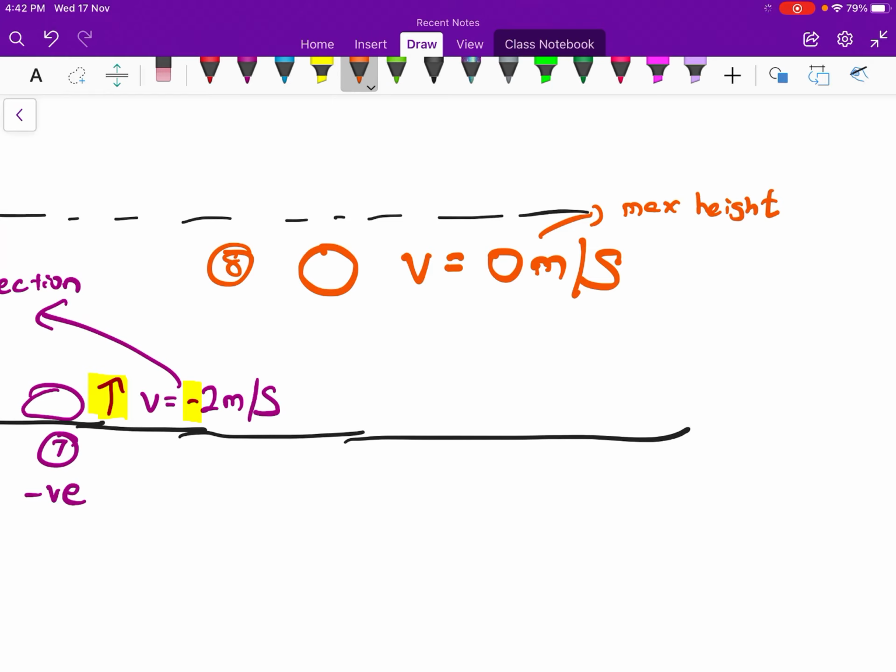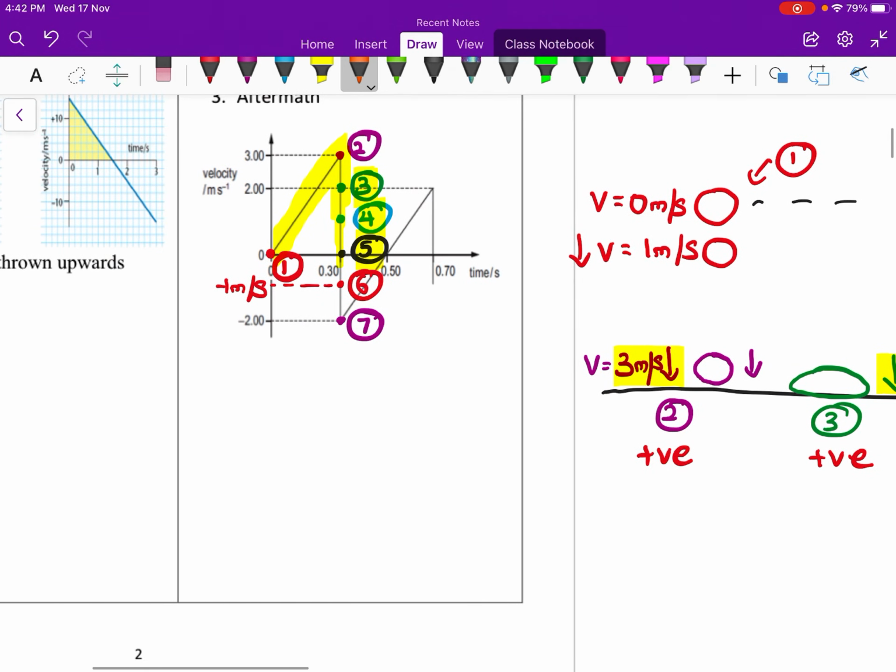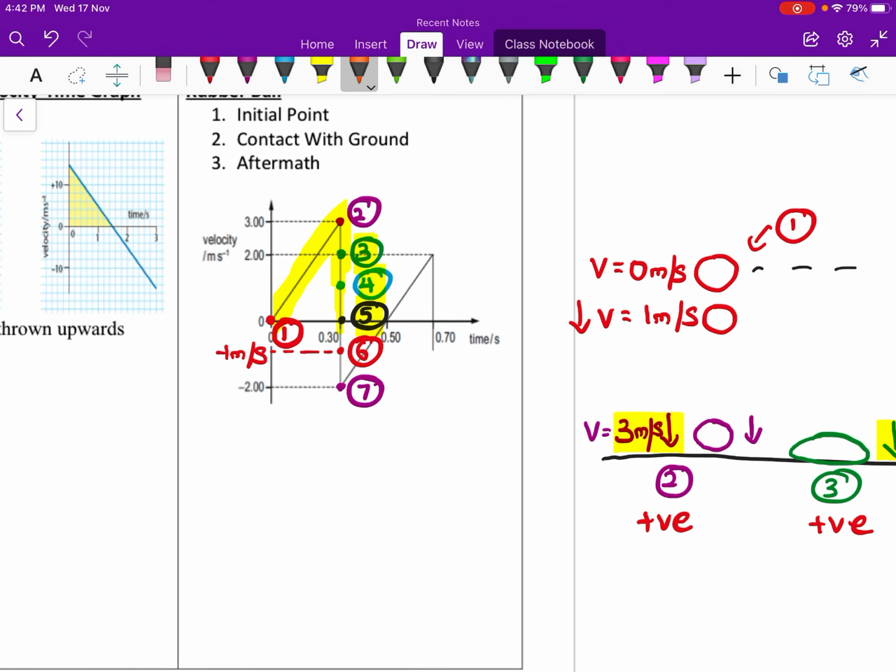Points number 6 and 7 are in the negative region of the graph, right here. Point number 8 is right here, where my velocity is 0 meter per second. From point number 7 to point number 8, I'm actually moving upward.